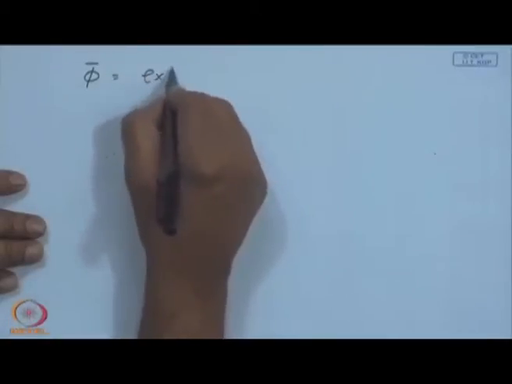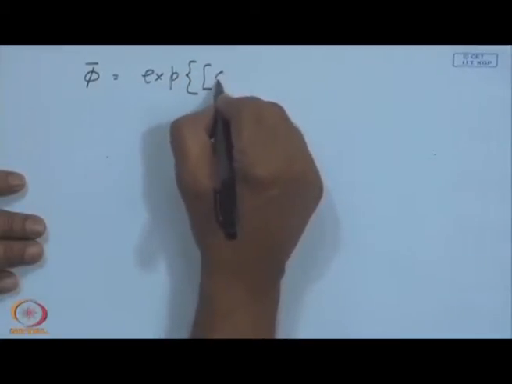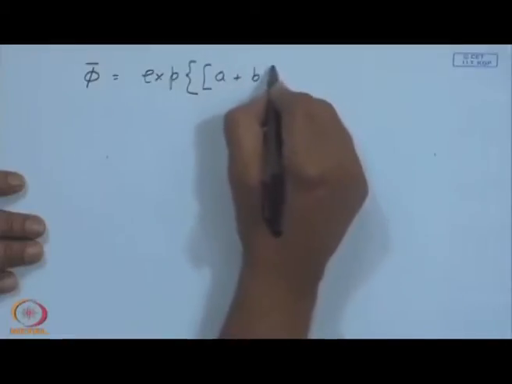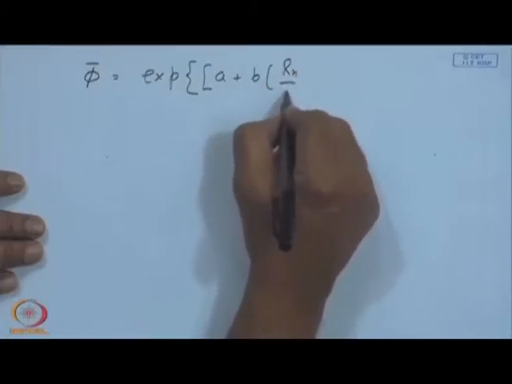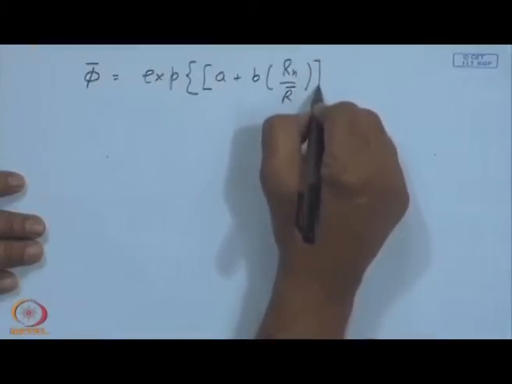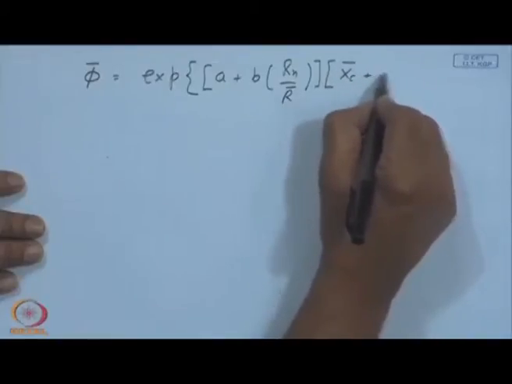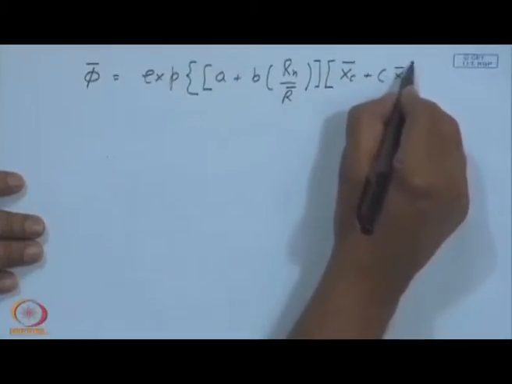So, Klein's correlation has the form exponential of A plus B Rn by R bar, times Xc bar plus C Xc bar square.